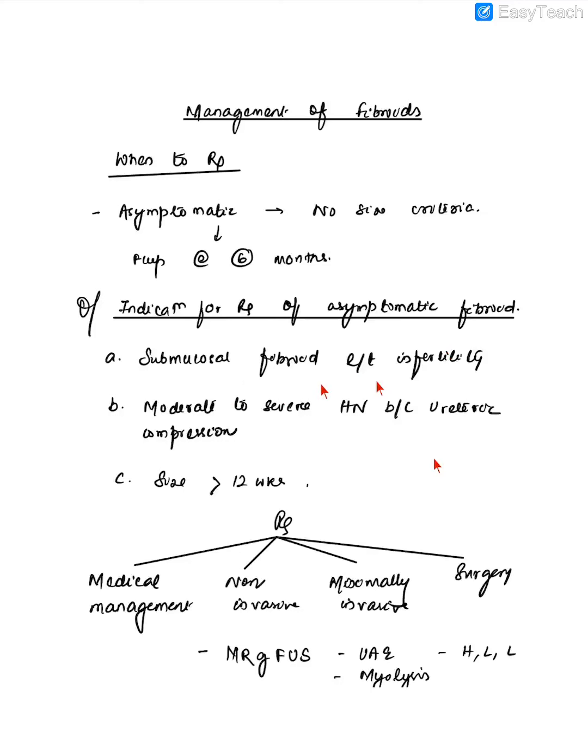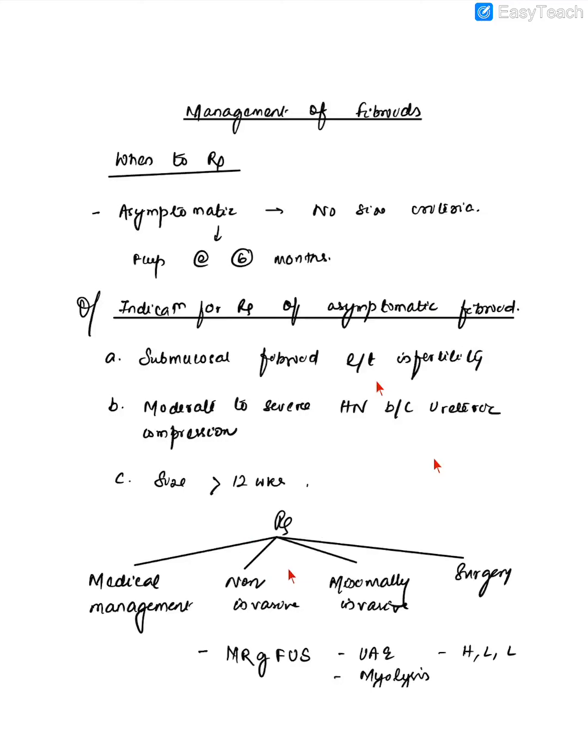When there is a submucosal fibroid that might be the cause of infertility, when there is a fibroid that is big enough to cause moderate to severe hydronephrosis because of bilateral ureteric compression, and sometimes size more than 12 weeks is also an indication for operating or treating an asymptomatic fibroid.